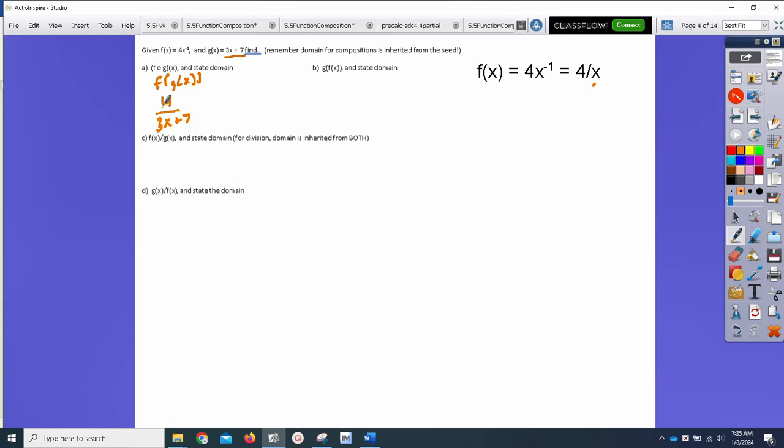Now, it says state domain. You have a rule here, 1 over a. A cannot be 0.